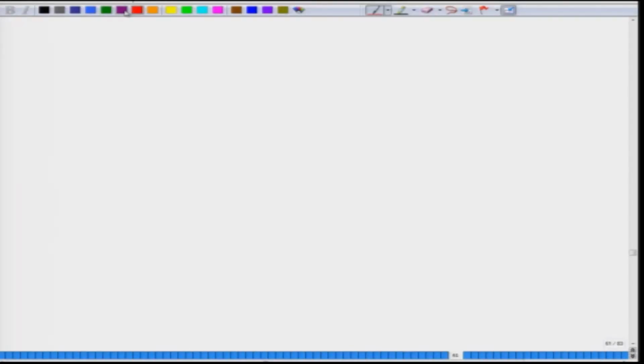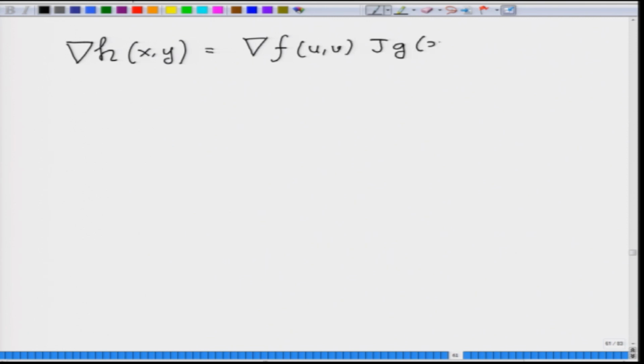So, we had written, let us again write, grad of h of xy is grad of f of uv into Jacobian of g of xy. So, let me do the computation here.